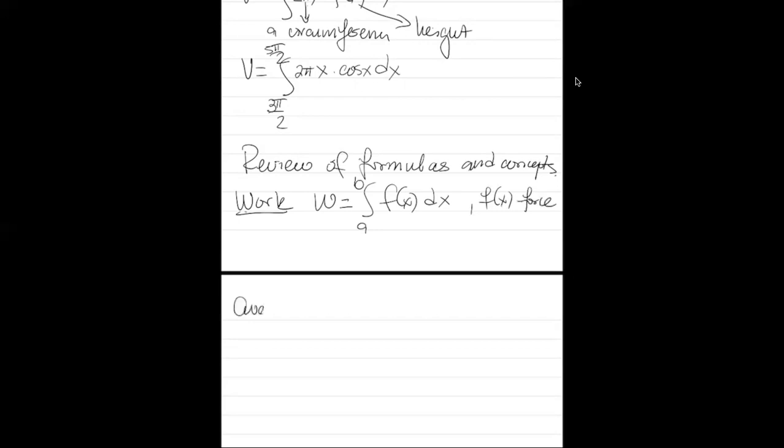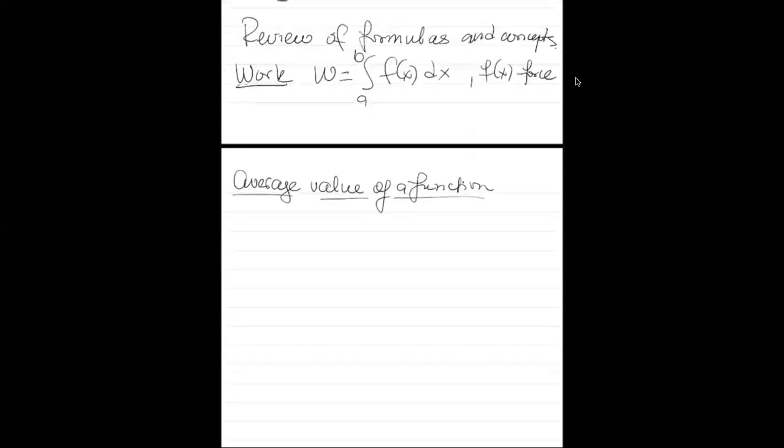Then we had a lesson on the average value of a function that's continuous. And that was 1 over b minus a, integral from a to b, f of x dx.